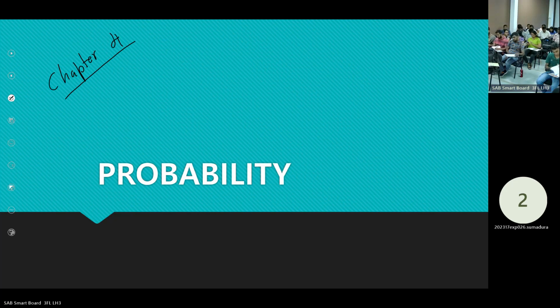Probability. So why do we need probability first? We can say there is an 80% chance of raining in the evening.